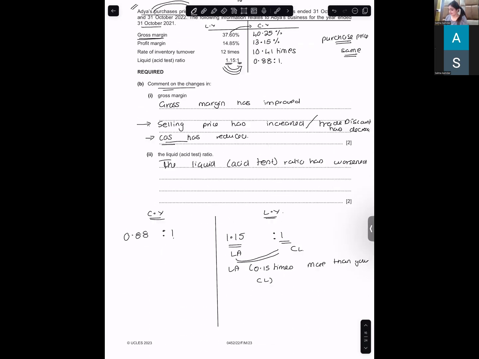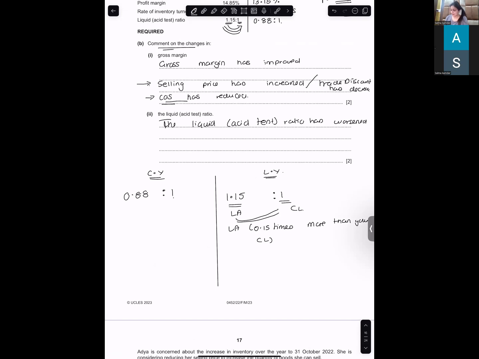So does that mean you've purchased more inventory this time? Your closing inventory was 7,500 and your opening inventory was 3,750. So could this be one of the reasons that more money is tied up in closing inventory?